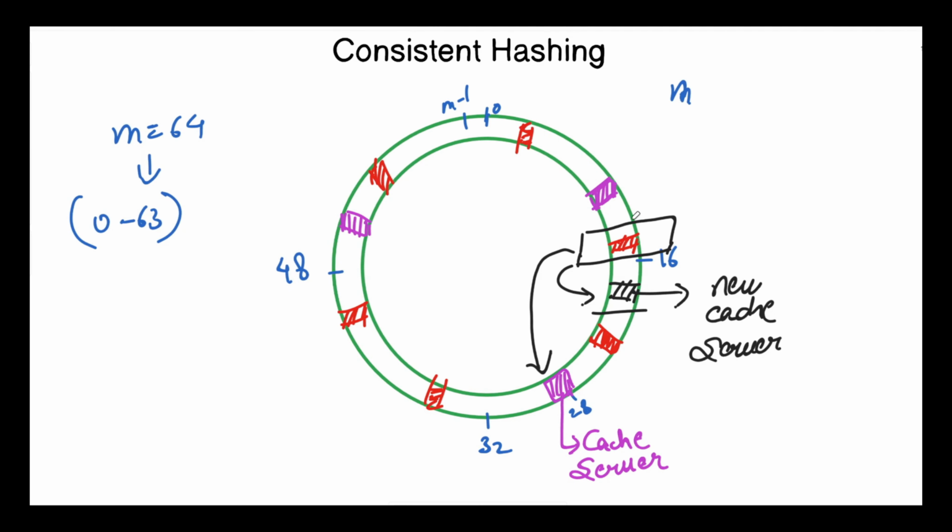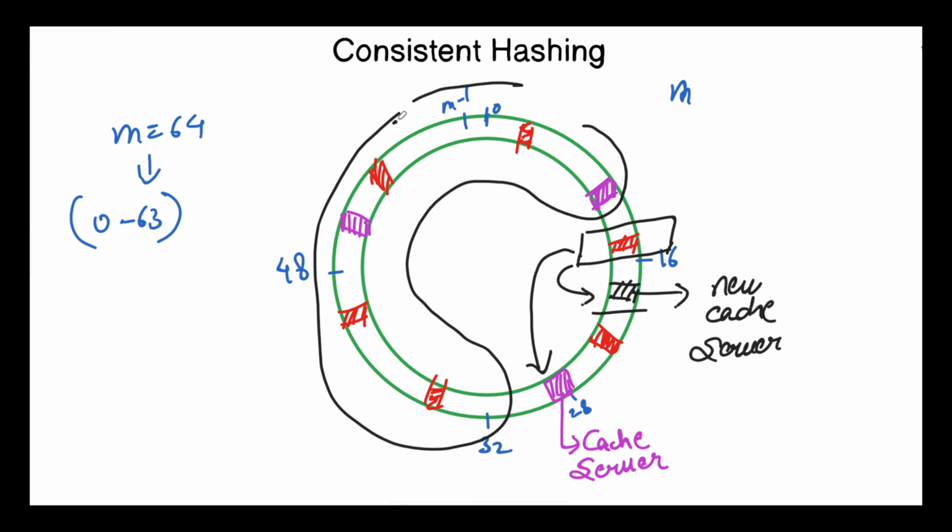From this case, what we can see is that this particular area is completely unaffected. Only the data points that lie in this region will be affected because their positions will change from the old cache server to the new cache server.